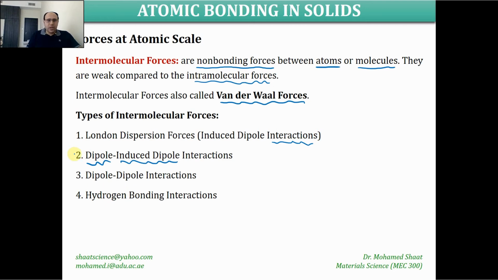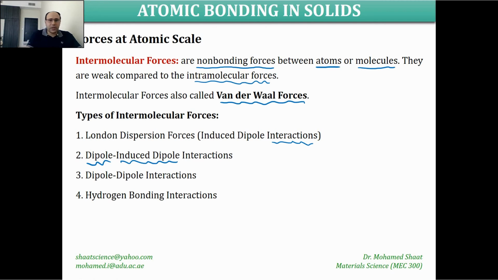Make sense? The thing that you should acknowledge so far is that we do have four different types of intermolecular forces. In general, there are only three: induced dipole, dipole-induced dipole, and two dipoles, like dipole-dipole interaction. The hydrogen bonding interaction is a special type of the dipole-dipole interaction.